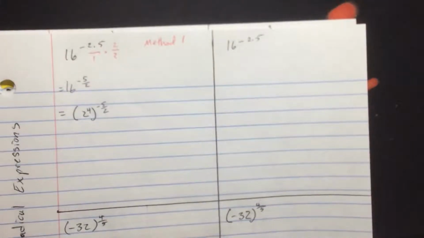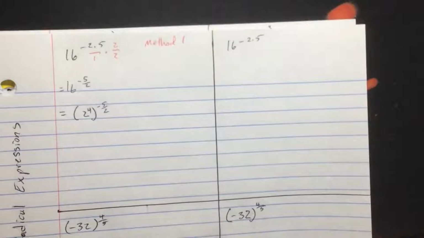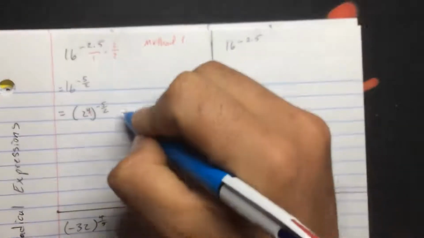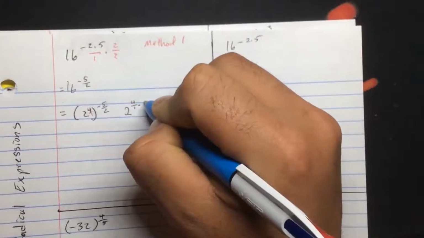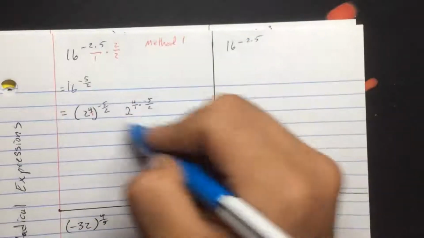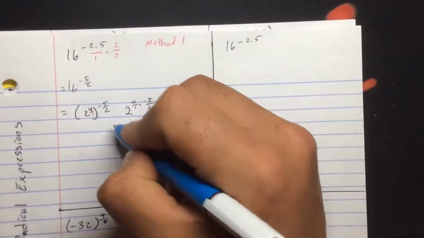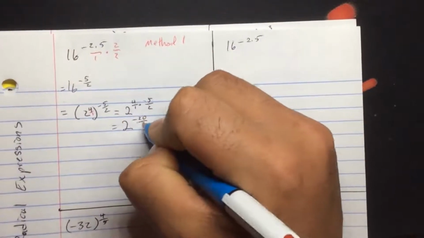But now that we have this, we can put this 4 over 1 and multiply it across. So we end up getting 2 to the 4 over 1 times negative 5 over 2, which gives us 2 to the negative 20 over 2.